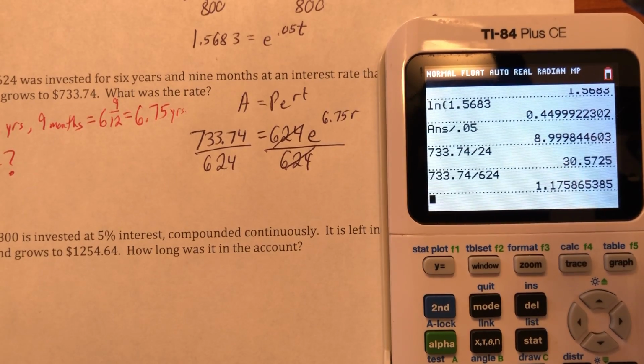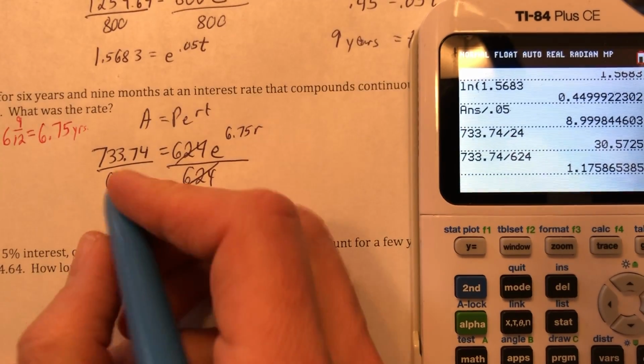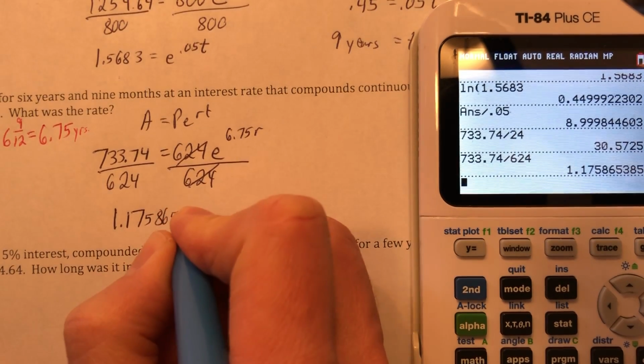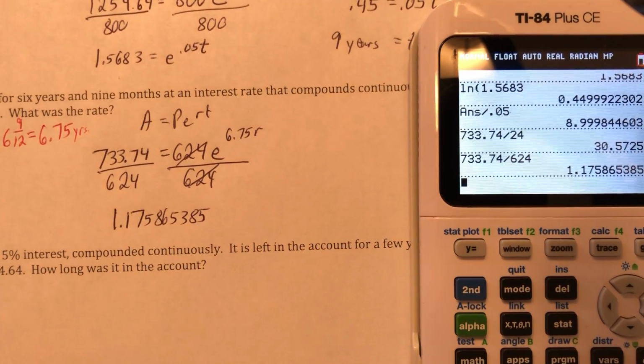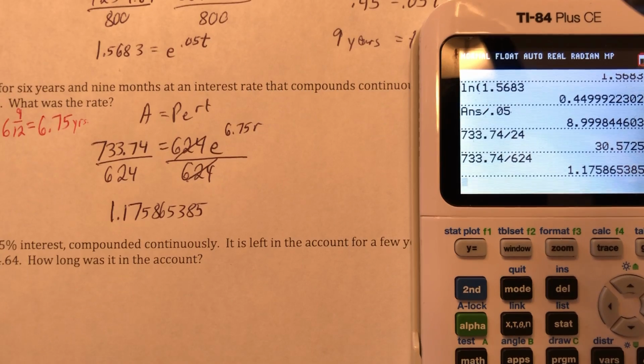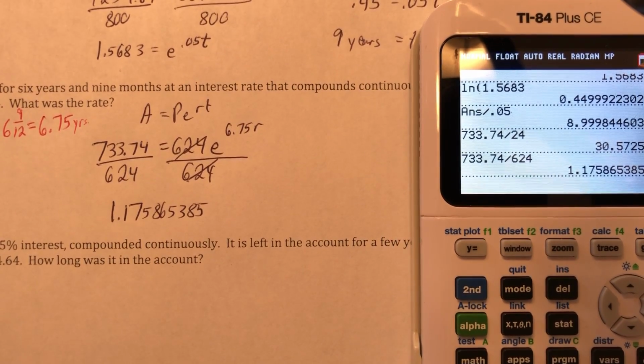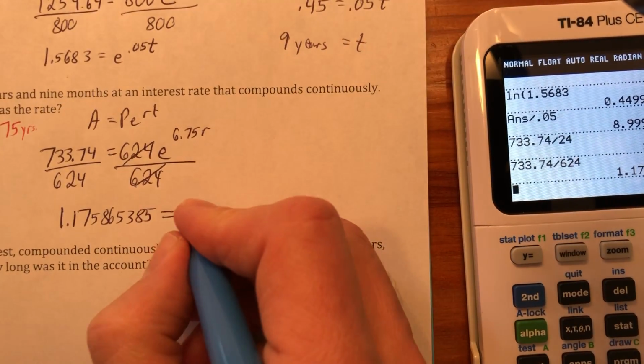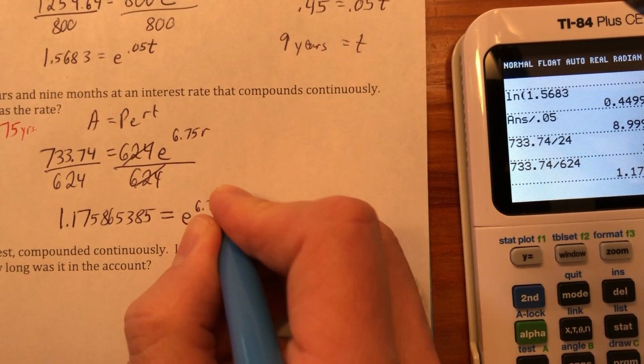We have a mess, but that's okay. 1.175865385. By the way, we've been through this before, but it would behoove you, I love that word, to write those decimals and use those decimals, because when you take a log, if you've rounded things off too soon, you're going to really have a lot of error.